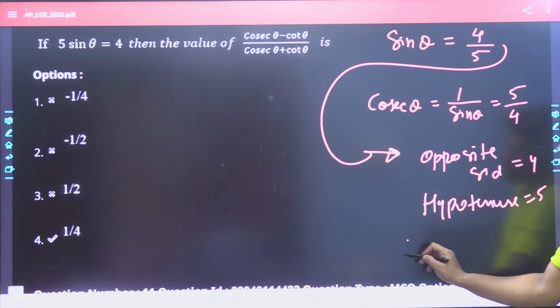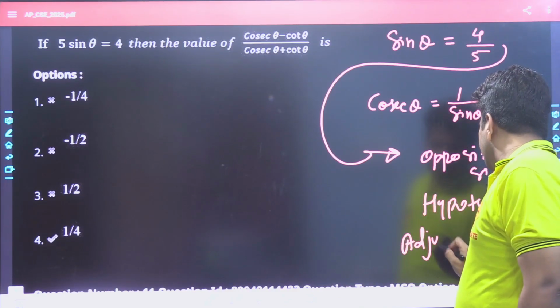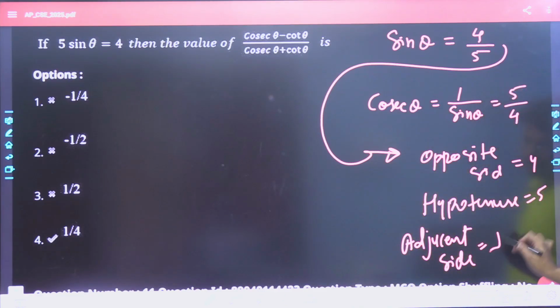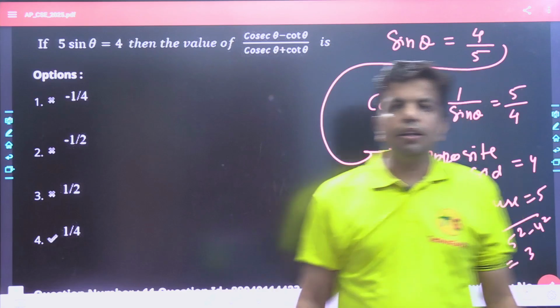Can we find out the base, the square root of 5 squared minus 4 squared? Calculating the value, it is 3.